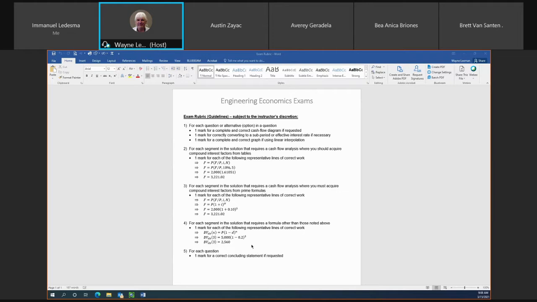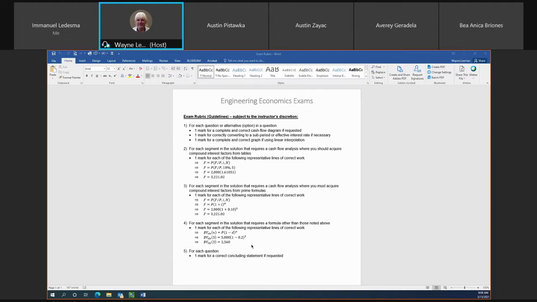but you should be aware that the neater it is, the easier it is for me to appreciate what it contains. Also along there, if it's necessary to compute a sub-period interest rate or an effective interest rate, that also will yield 1 mark. Sometimes the question will give it to you. You'll already have a sub-period rate or an effective rate. So if that's not necessary, of course, there'd be no mark awarded for that.